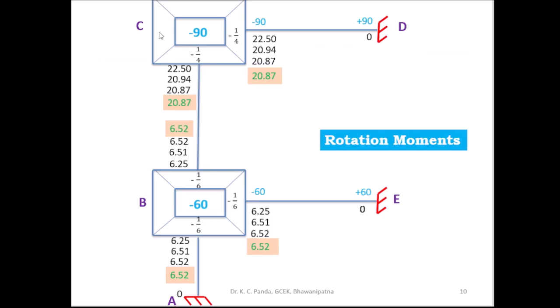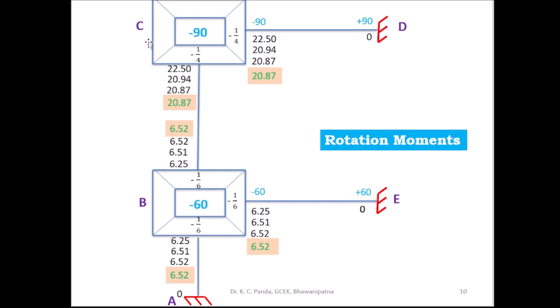At joint C two members meet, CB and CD. So here you already know 6.25 kilonewton meter at joint B, the near end rotational moment 6.25.